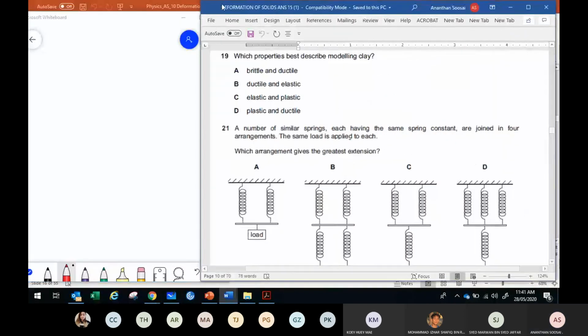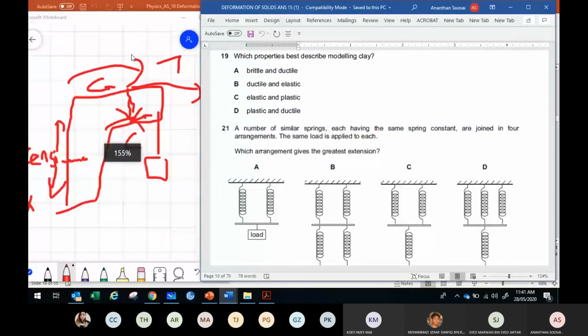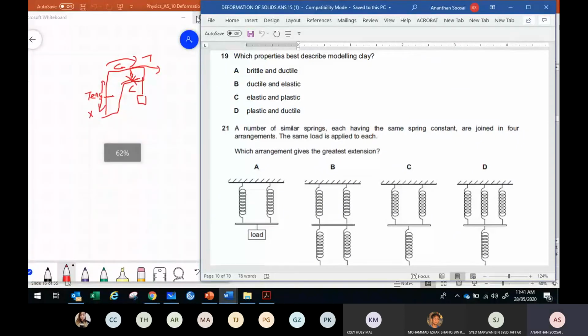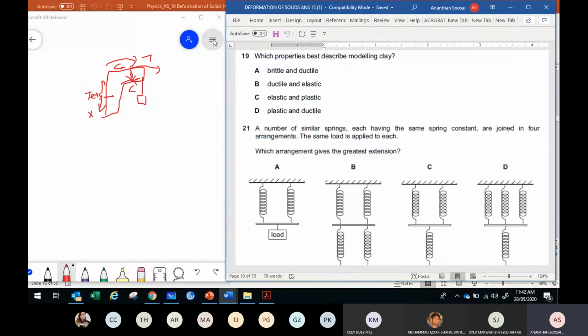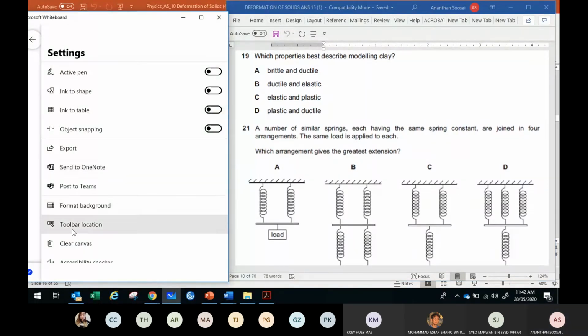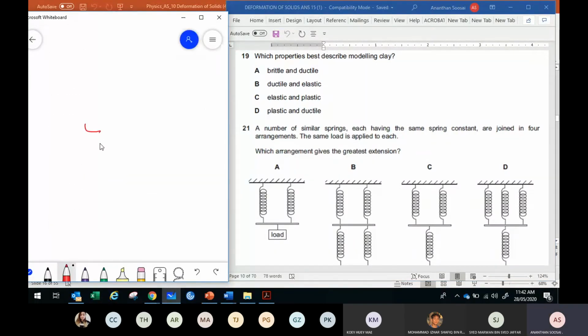So as usual, of course, one spring we take as X. For answer A, two springs in parallel with the load, of course it should be X over 2.